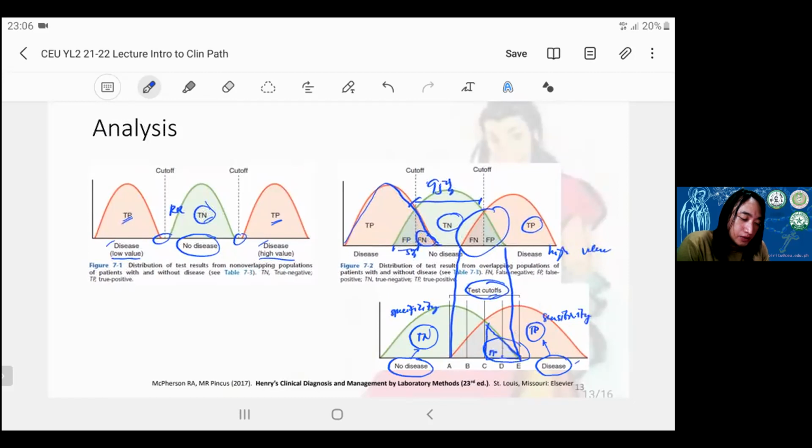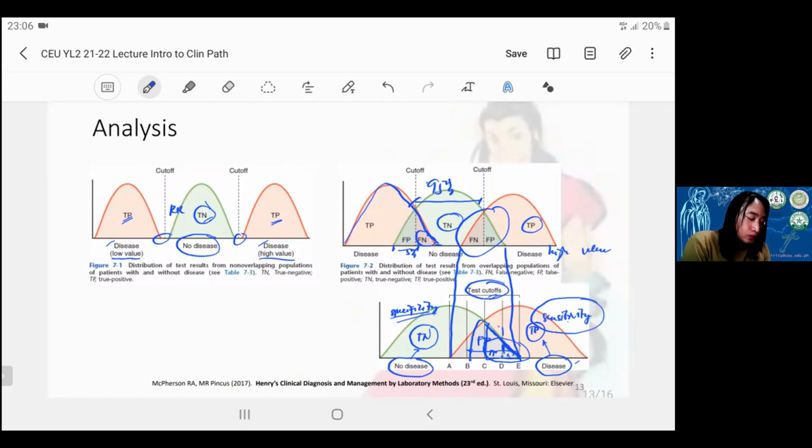If you set the cutoff value here, you have a lower false positive. But if you increase the cutoff values, you would increase the false positives as well. So increasing the sensitivity would decrease your specificity. The same is true when you increase your specificity, you will decrease your sensitivity. So you want two tests. Actually, we do this in practice.